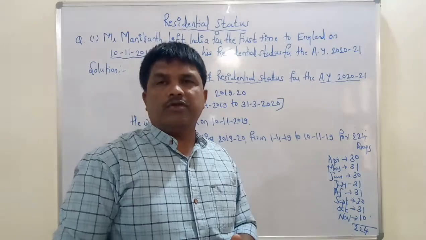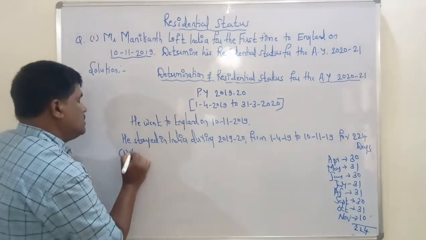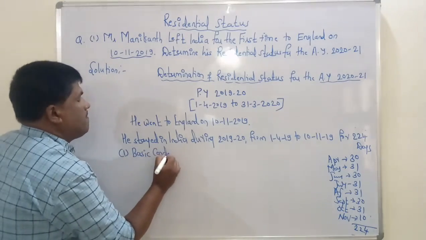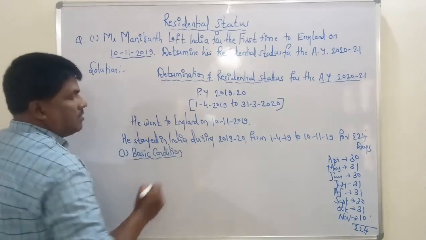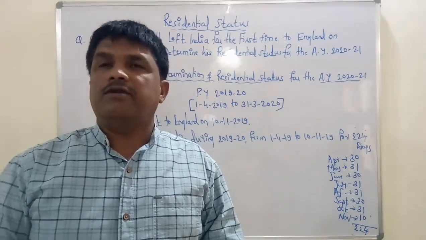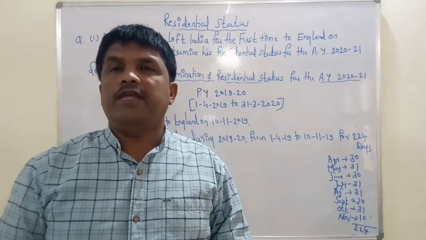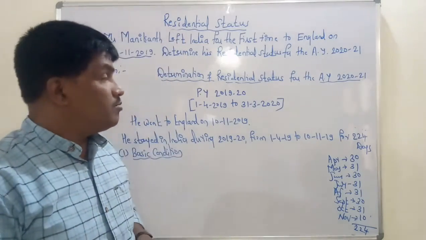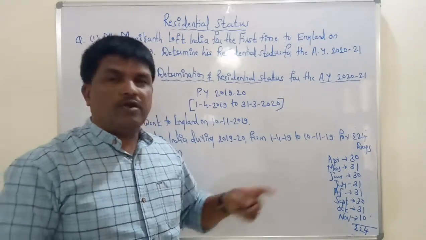Next you go through the first basic condition. What is the first basic condition? In order to satisfy the first basic condition, he must stay in India for 182 days or more during the previous year. So in this problem, during the previous year, how many days did he stay in India? 224 days.